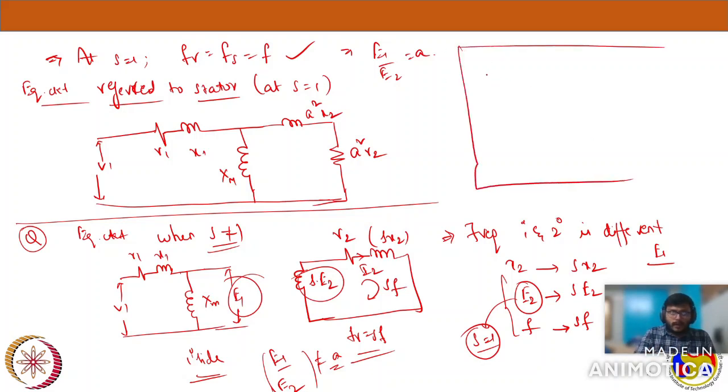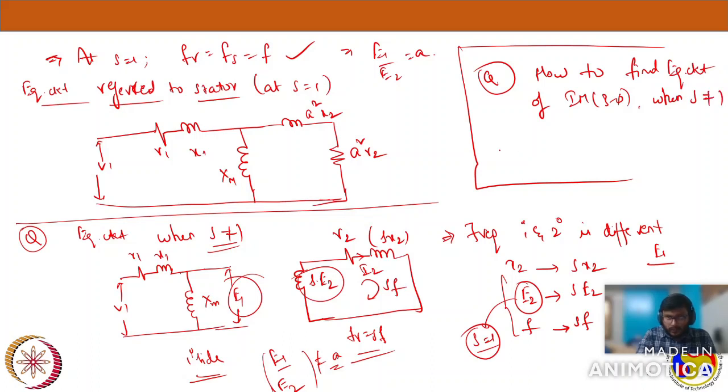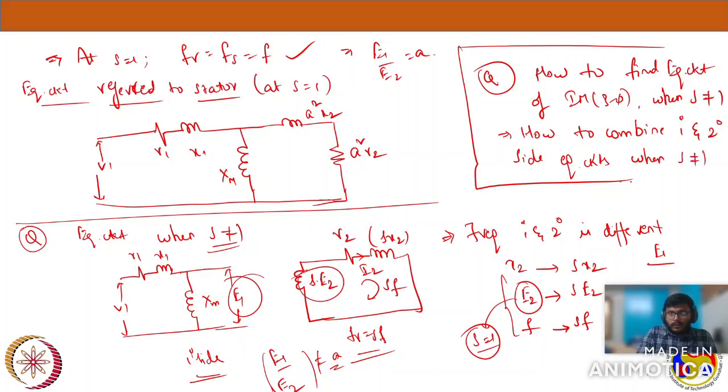I'm writing the question here: how to find the equivalent circuit of an induction motor when S is not equal to 1? How to combine the primary and secondary side equivalent circuits when S is not equal to 1? So this is the question.